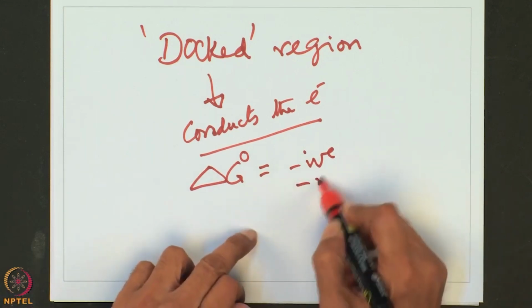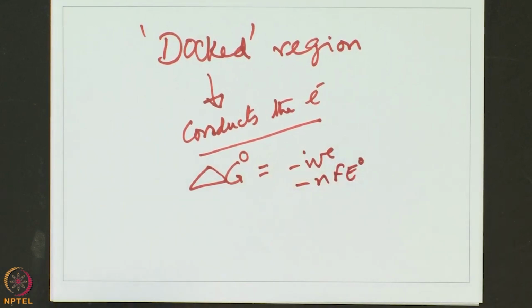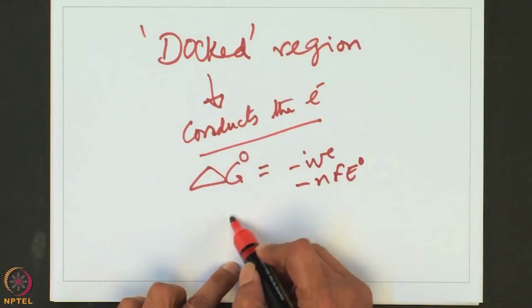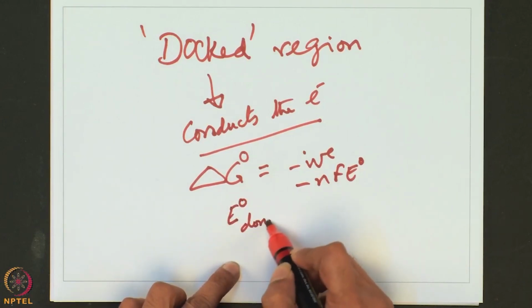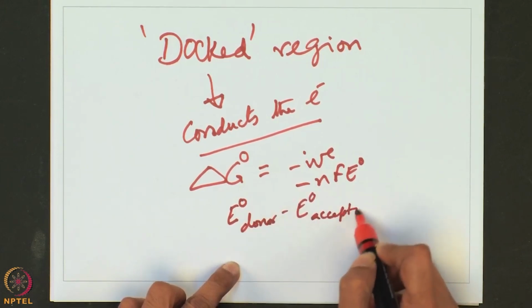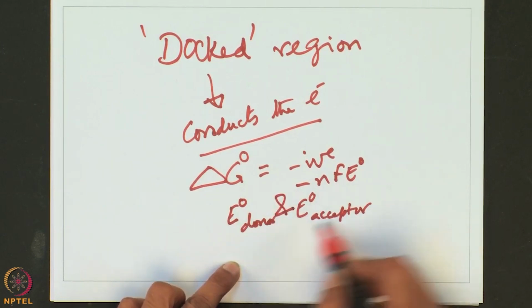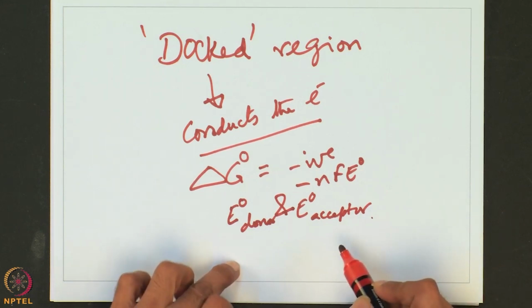So, this will be minus nFE naught, so therefore, negative and positive. And what does this depend on? This depends on E naught of donor minus E naught of acceptor, etc. So, it depends on the potential of the donor and the potential of the acceptor, very essential and important.